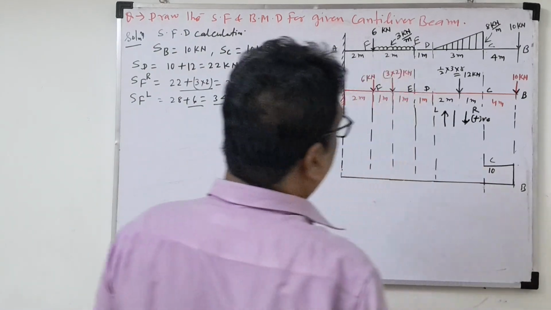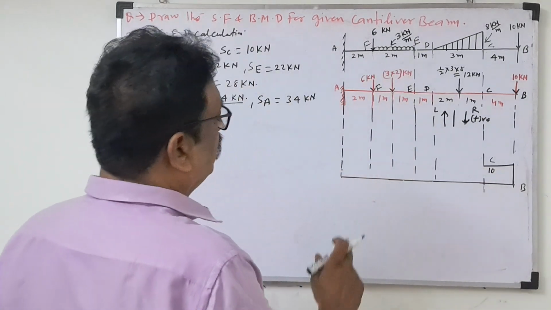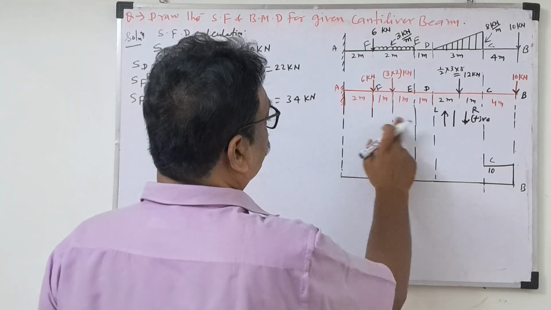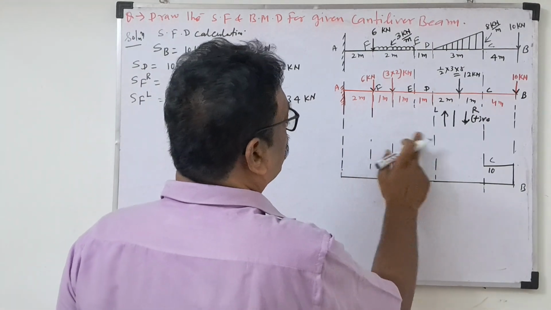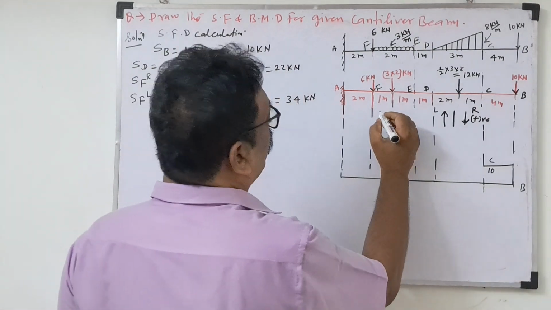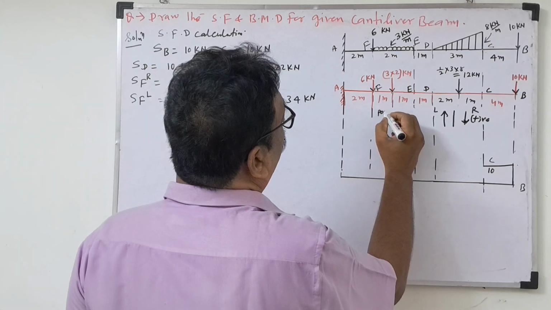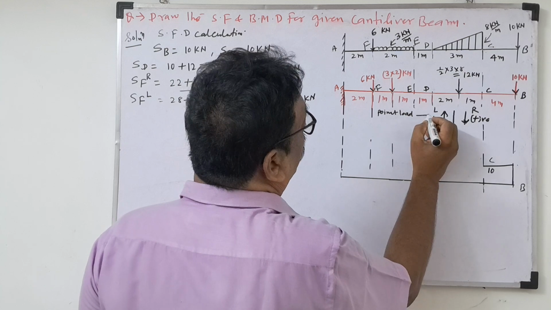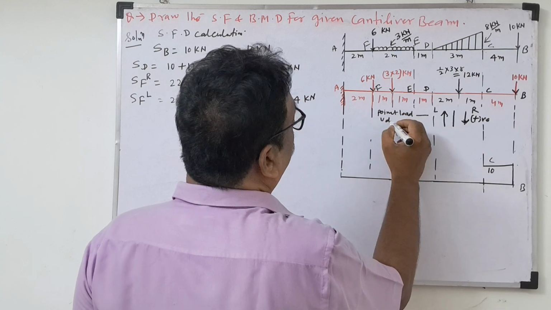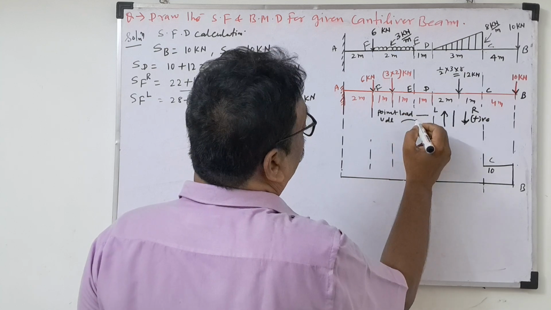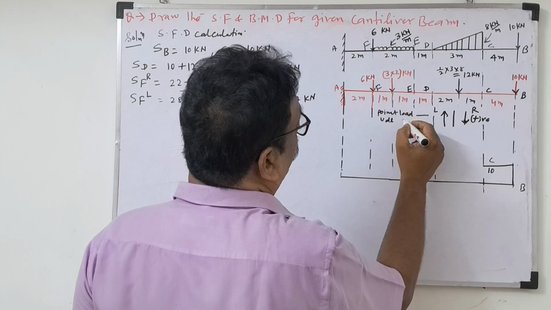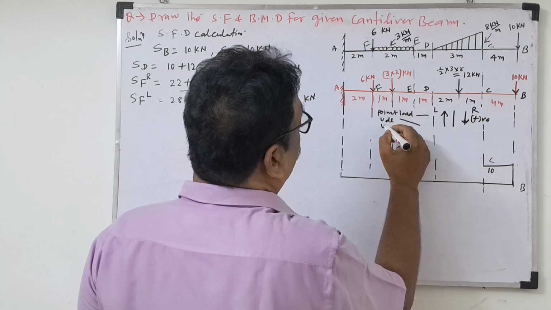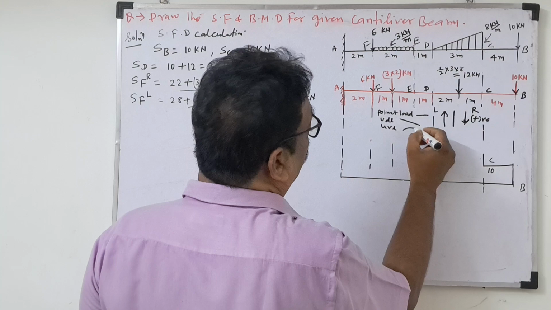Now look here. I told you already, something I will draw here. What is the line for a point load? A horizontal line. UDL will be an inclined line for shear force. UVL will be the curve line.